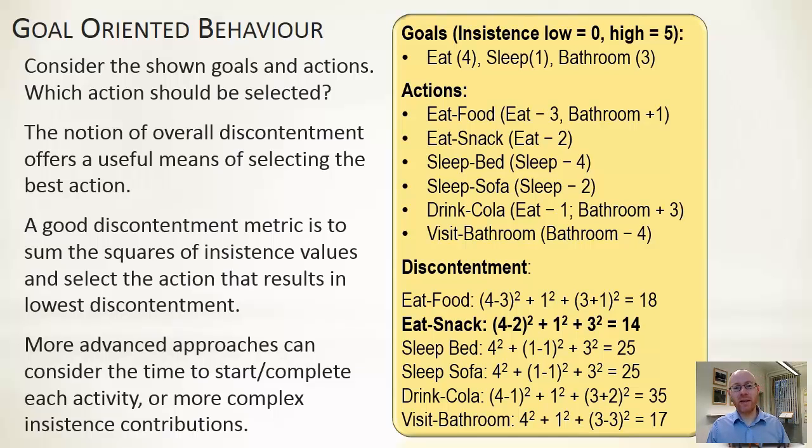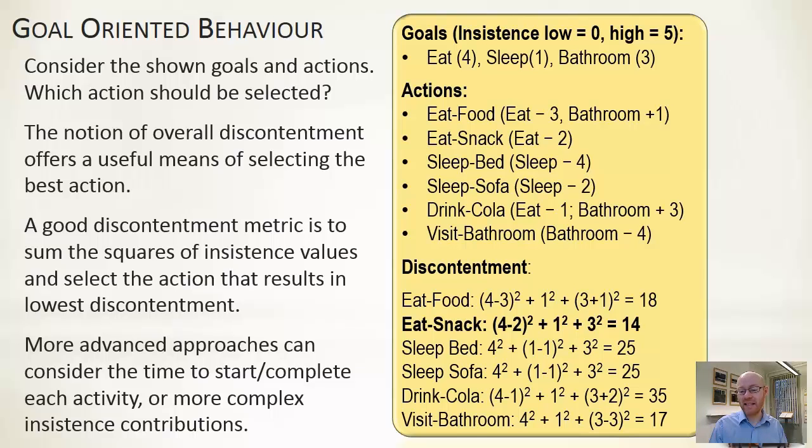My sleeping will remain the same, and my need to go to the bathroom will increase from 3 up to 4. So if I were to take that particular action, then my overall discontentment would be 4 minus 3 squared, which is just 1 squared, 1, plus sleep, 1 squared, plus 3 plus 1, the bathroom, 4 squared. That gives me a total discontentment of 18.